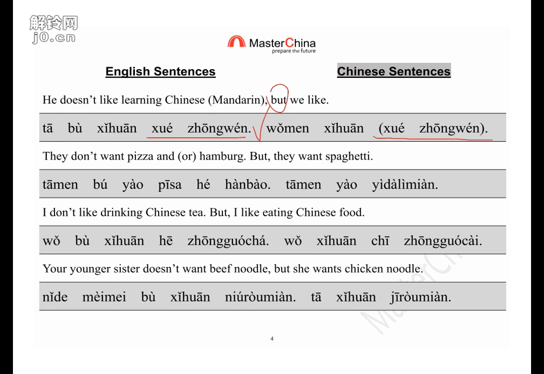Next one. 他们不要披萨和汉堡，他们要意大利面。2 points here. First, English you say or, but Chinese say and. So they don't want both of them.